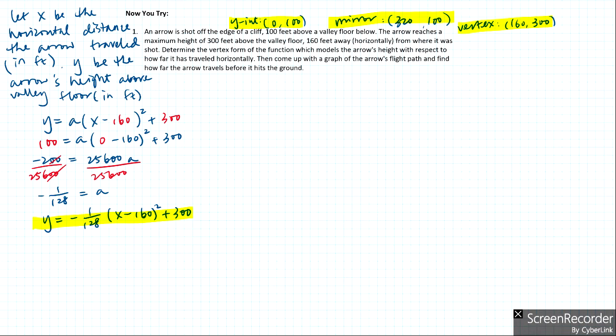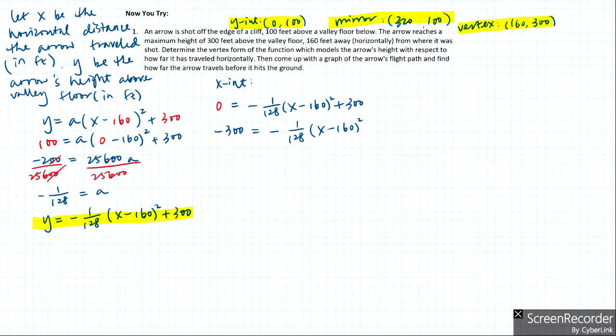To find this, we want to find the x-intercept. For the x-intercept, we set the y-coordinate equal to 0. So 0 equals negative 1 over 128 times (x minus 160) squared plus 300. To solve it, we want to isolate the perfect square by itself to use the square root method. That gives us negative 300 equals negative 1 over 128 times (x minus 160) squared.